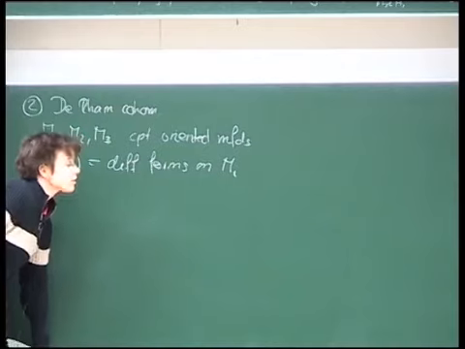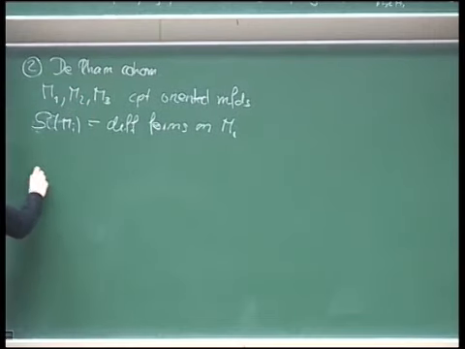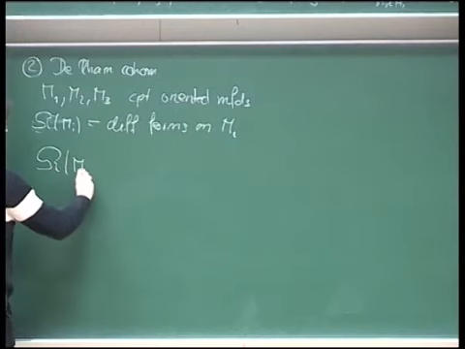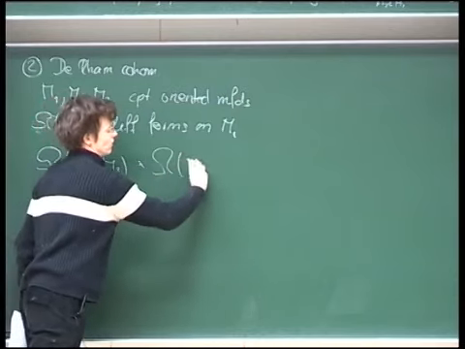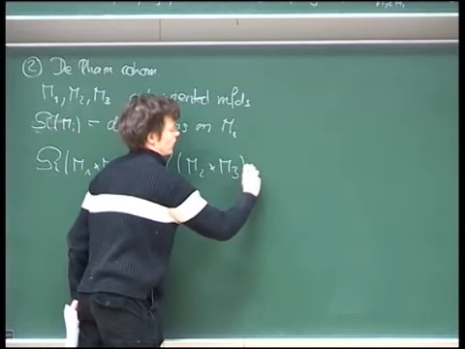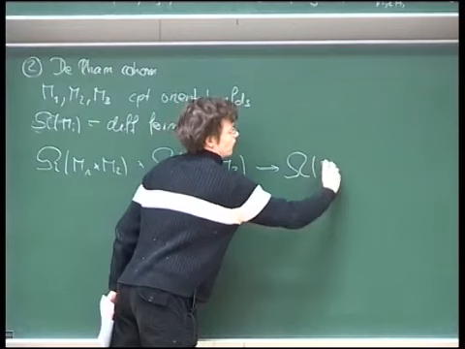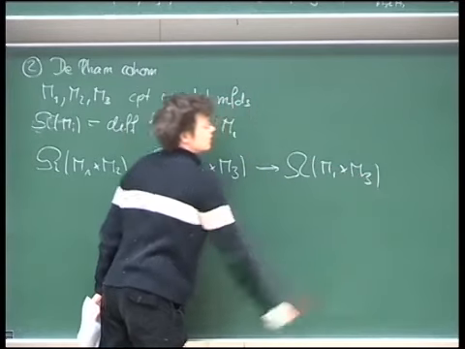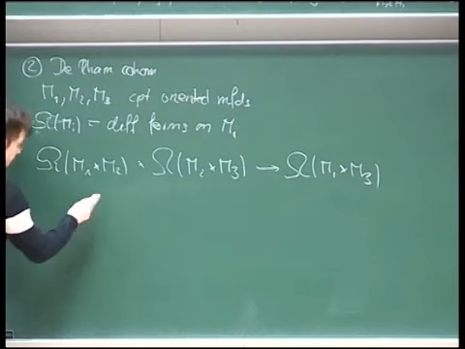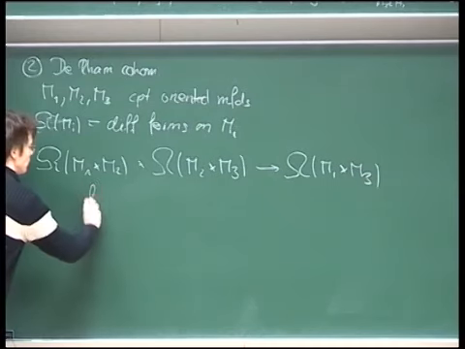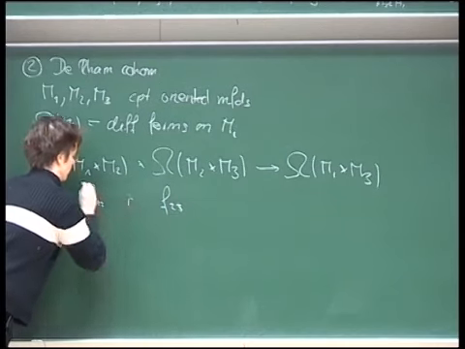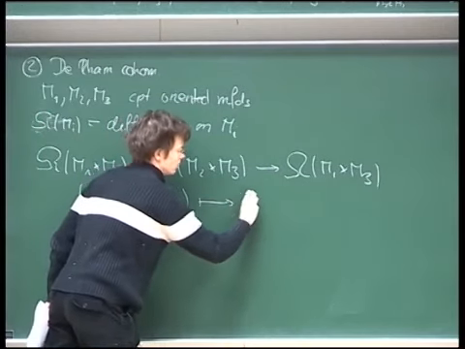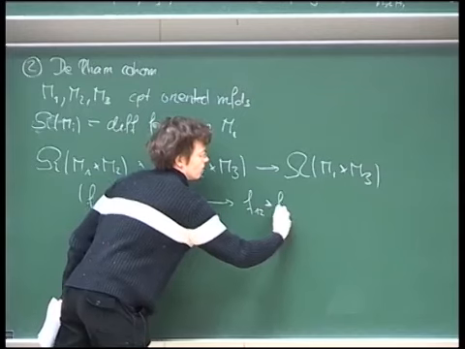Then I can build a convolution product on these differential forms, by taking a form f12 on M1 cross M2, and a form f23, and convolving them.